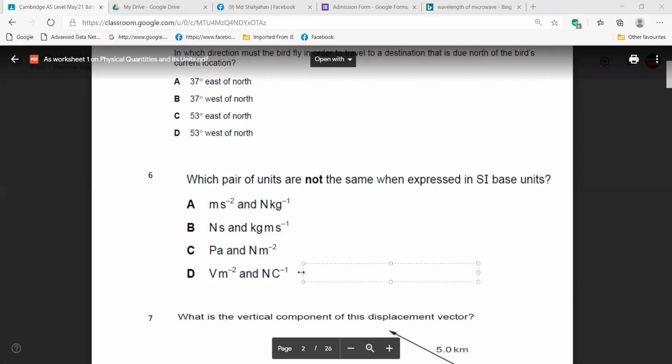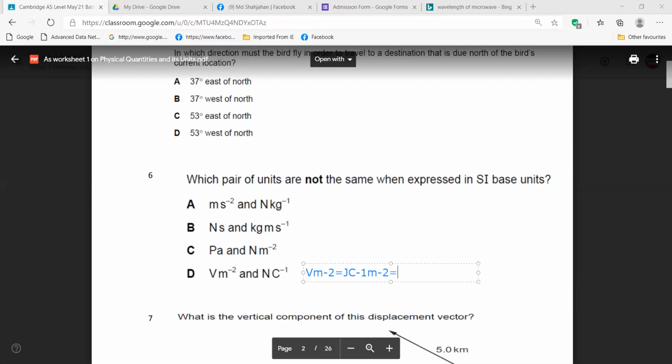First, we are doing volt per meter square, equals volt is joule per coulomb, right? Joule per coulomb, then meter square.